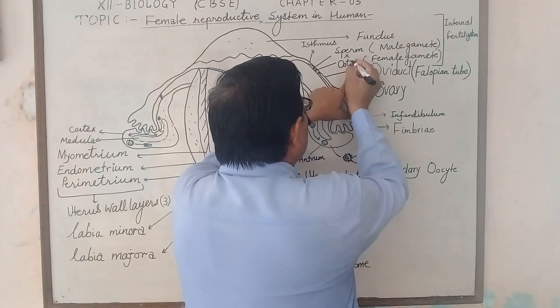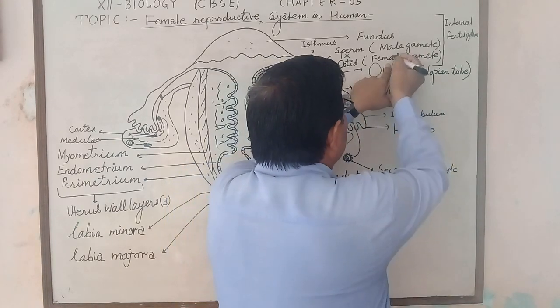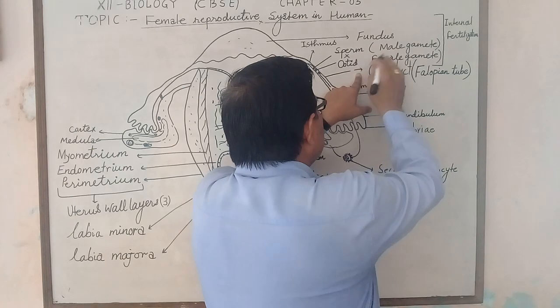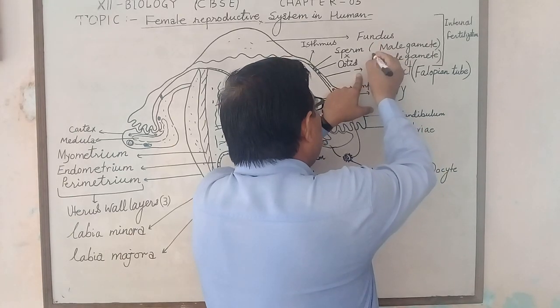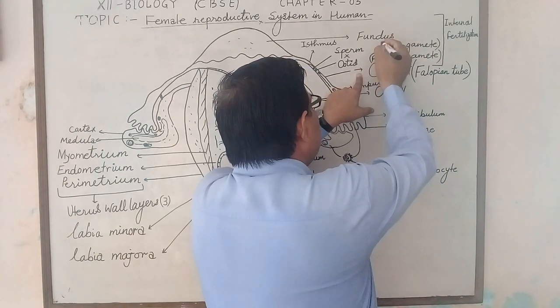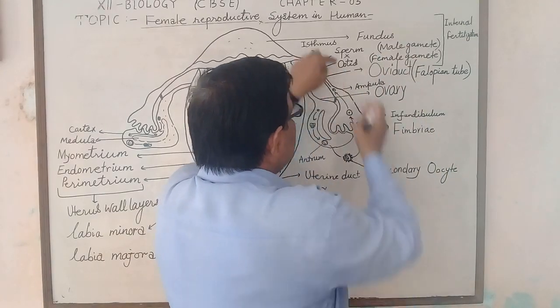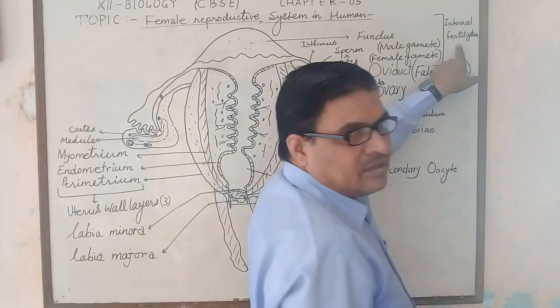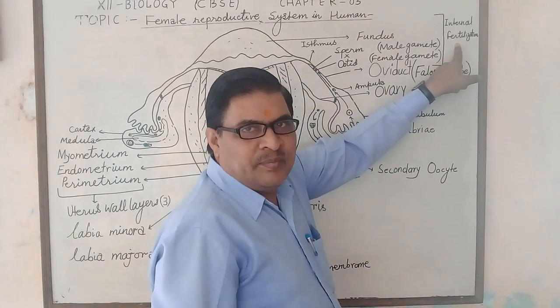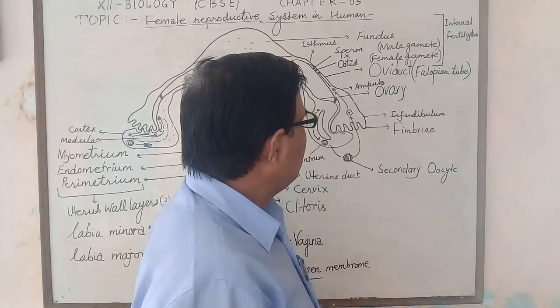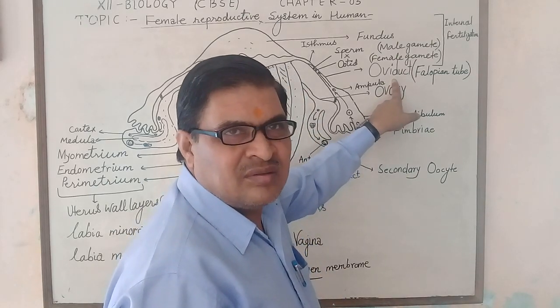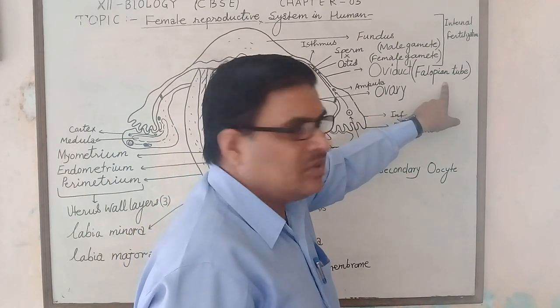The oocyte means the female gamete and the sperm means the male gamete. So the male gamete fuses with the female gamete. This is called internal fertilization, which is completed in the oviduct or fallopian tube.